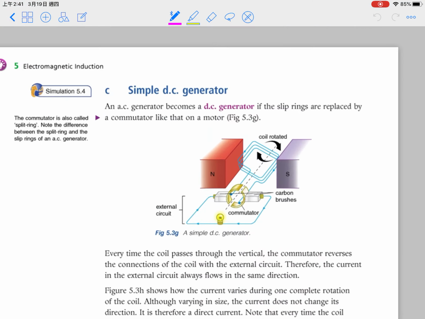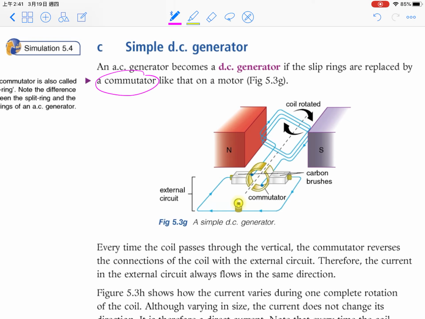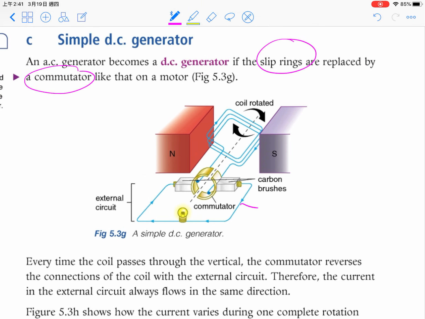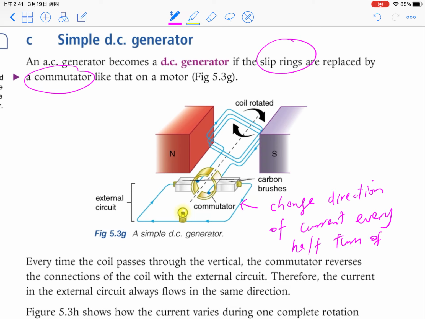We can have a DC generator by using a commutator to replace the slip ring. Now you should remember the function of the commutator. The commutator can change the direction of current every half turn of the coil.